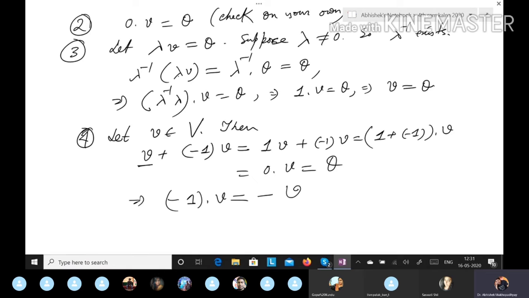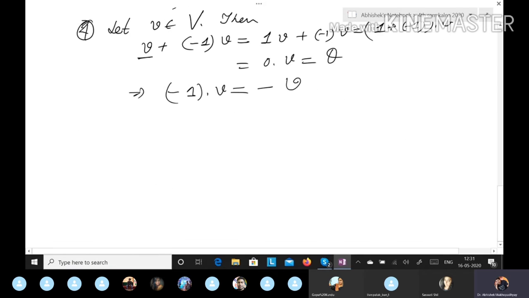Okay. Now note that the associativity and commutativity of vector addition, these two features of vector addition in a vector space V, allow a sum of finitely many vectors.